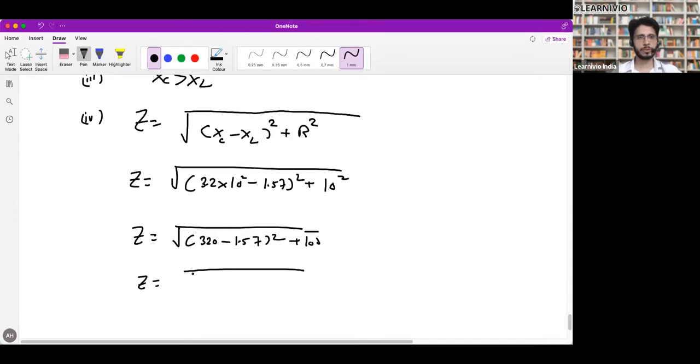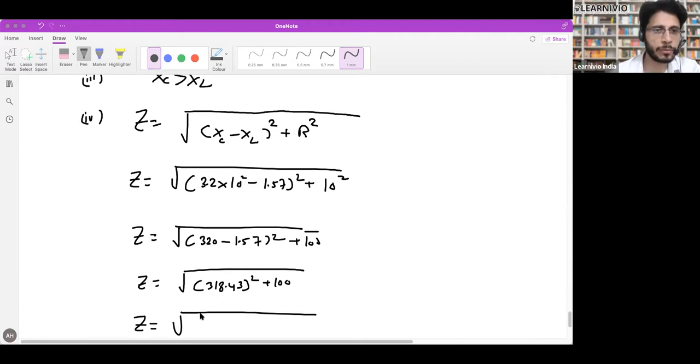So this is root over 318.43 square plus 100. It comes out to be root over 101397.6 plus 100.